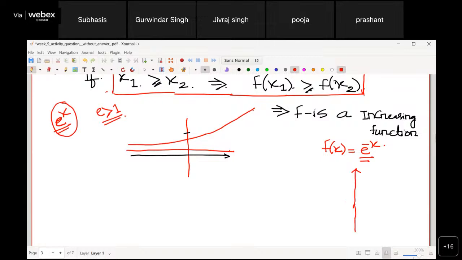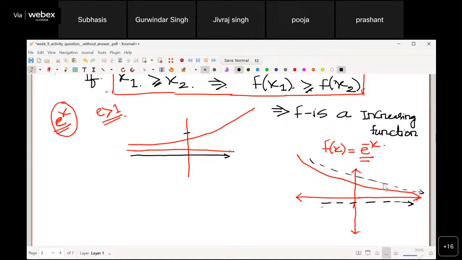What will be the graph of this function? It is the reflection about the y-axis, so it will look like this. As you can see, if you increase the value of x, the value of f(x) goes down and down. So this is a decreasing function.